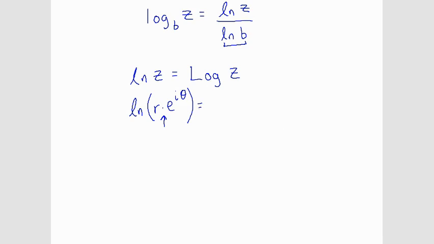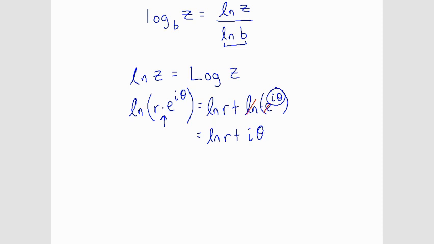So we're going to use the product rule of logarithms to say this is the natural log of r plus the natural log of e to the i theta. Now, at this point, we may see some cancellations we can do. We can cancel the e and the natural log because they're inverses, and we get the natural log of r plus, and we're left with this exponent, i theta.